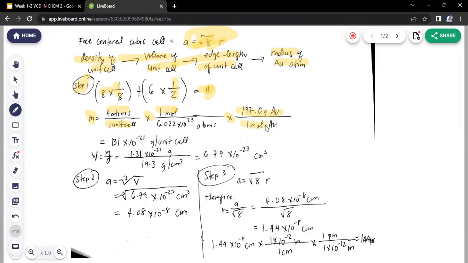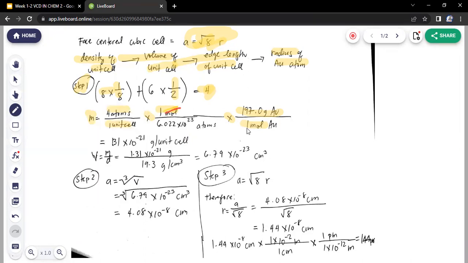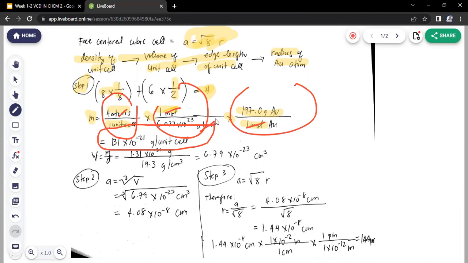So we are arranging the units in such a way that we can cancel them. Cancel the mole unit, cancel the atom unit, and then perform the operation, multiply, multiply, multiply. You will have 1.31 times 10 raised to negative 21 grams per unit cell.